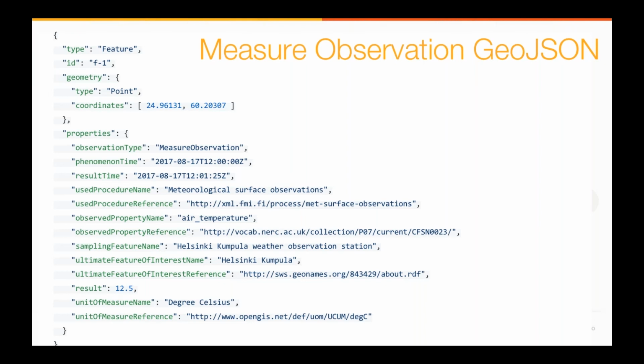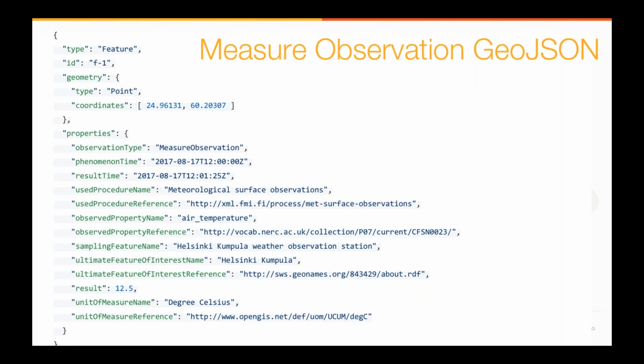It's nearly flat, except for the features that are already within the GeoJSON specification, like the geometry, which can have this one level structure saying that this is a point and the coordinates are these. All the other properties are just a flat structure within the property called properties in the GeoJSON.